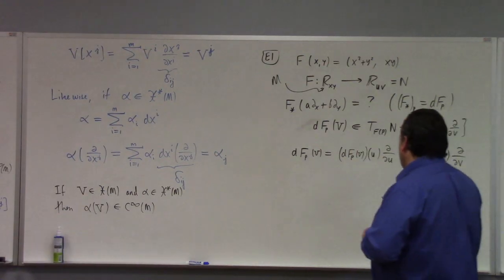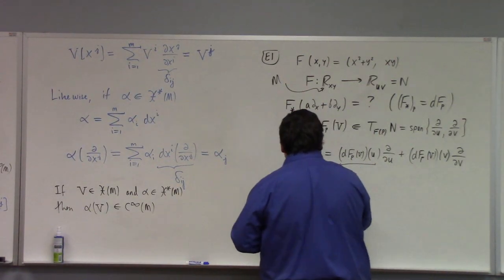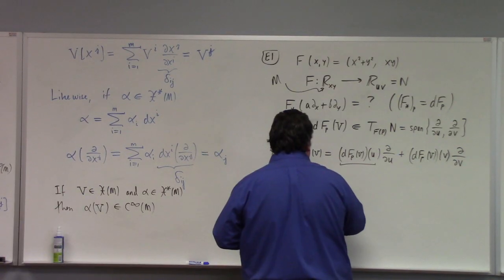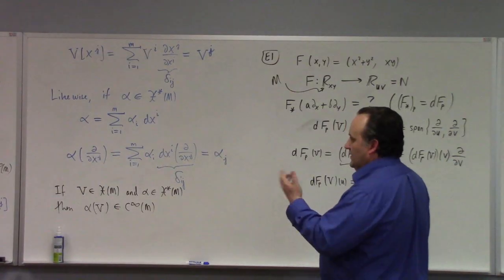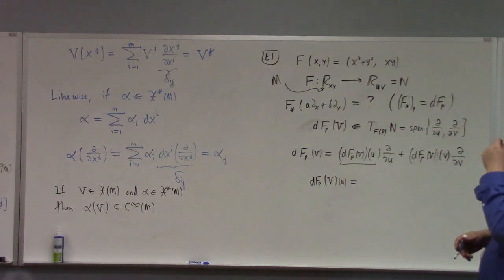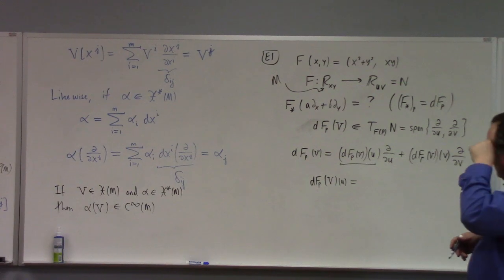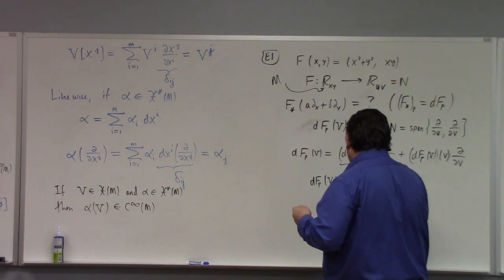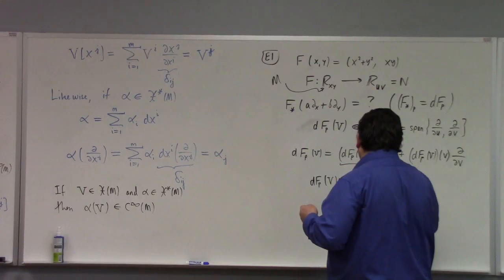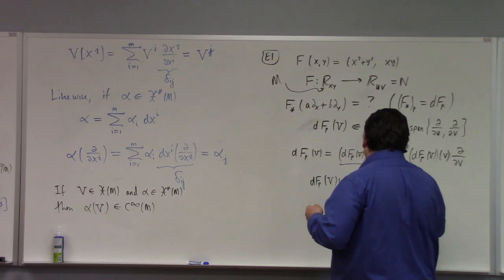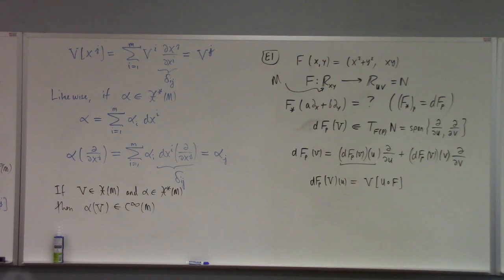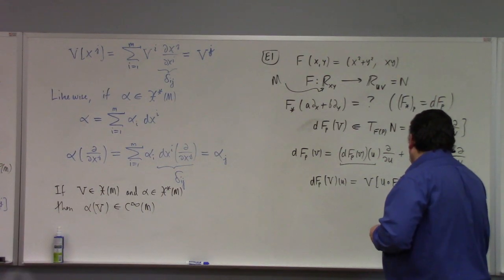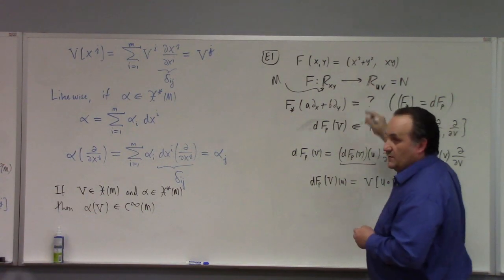So, how do we calculate these, right? What's dfp of v acting on u? Rats. What was our definition? Was v of what? V of u composed with f, right? But u of f, that's just a fancy notation for the first component function. So what we're looking at there is v of x squared plus y squared.